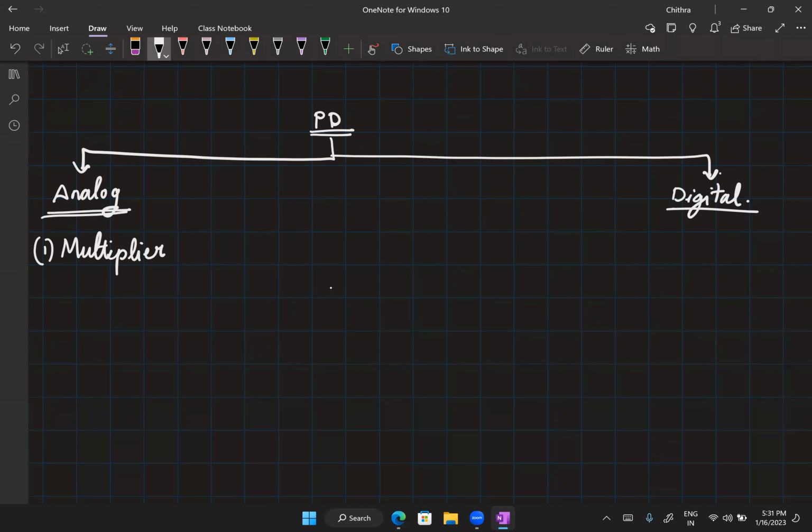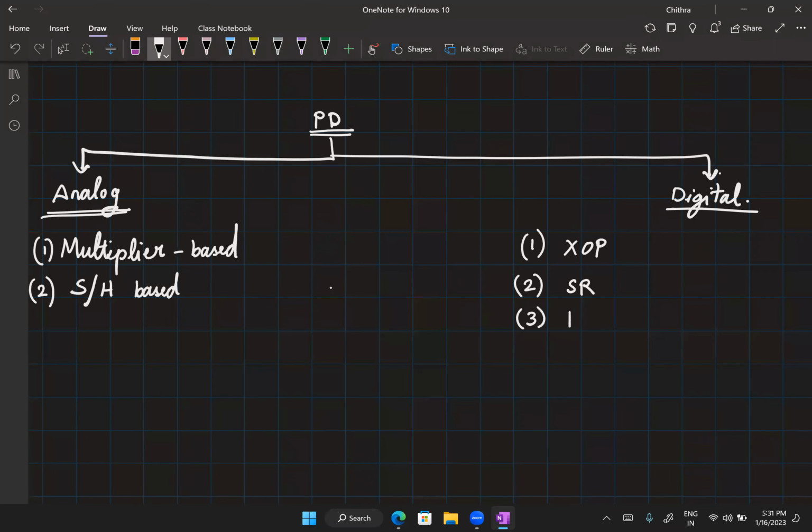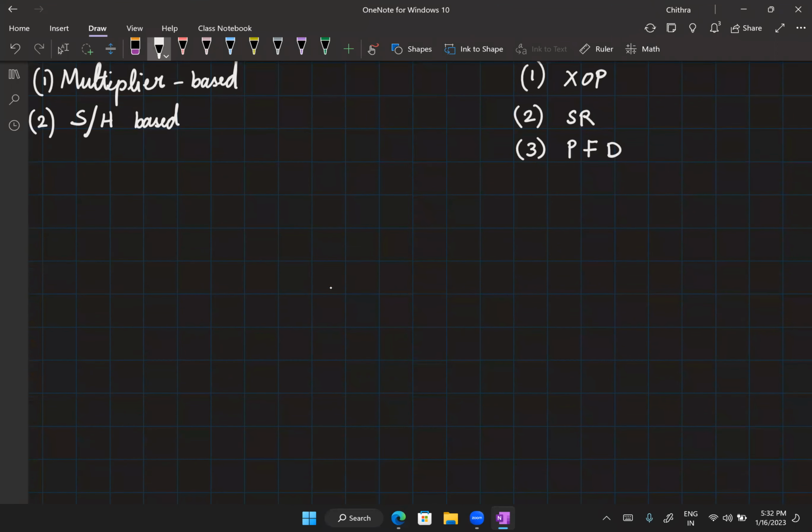So multiplier based PD, and we will look at sample and hold based PD. So here in digital implementation, we will look at XOR based PD, then the SR latch based PD, and finally we will look at what is called as phase frequency detector.